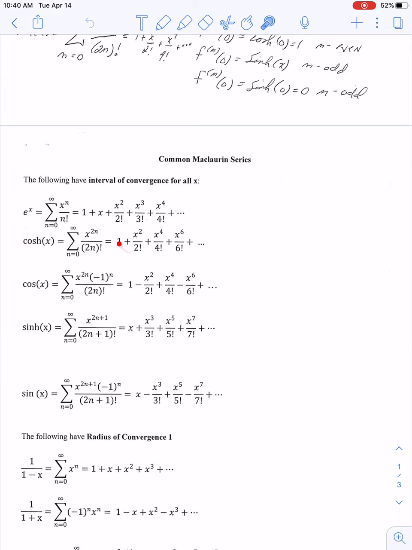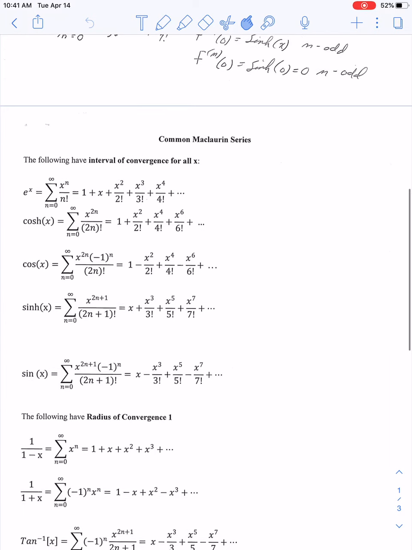And lo and behold, when I plug in 0 for x up here, everything goes away except what? 1. So there are some reasons that I would like to argue that these expansions, if you think about the properties of the function, are common sense. It just depends on how common your sense is.